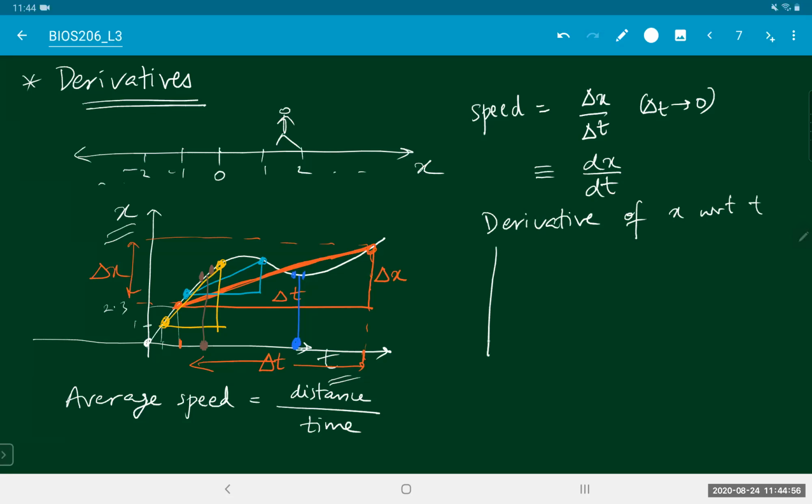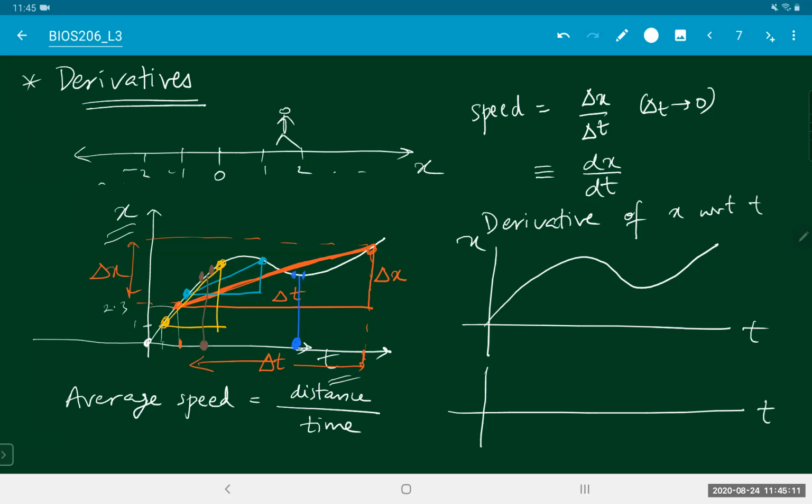So let's say this curve looks something like this. How does the derivative look? So derivative is just the rate at which this is changing.